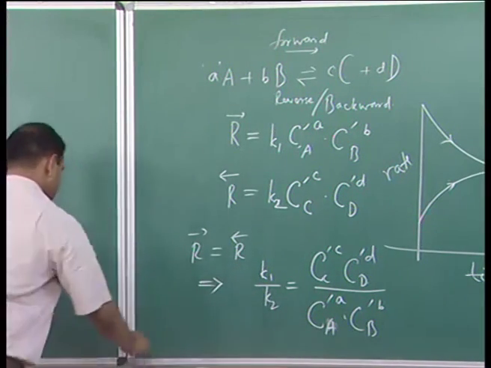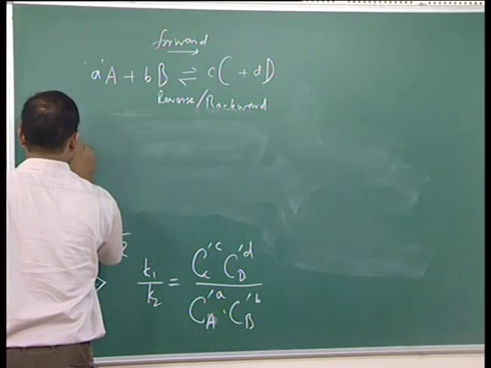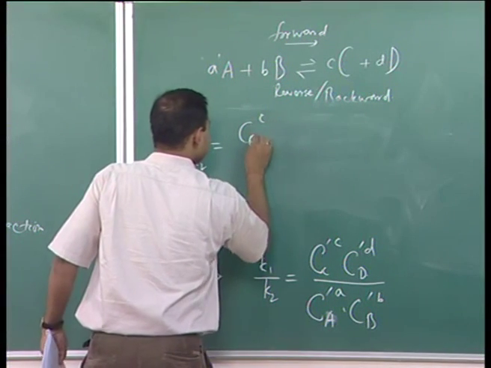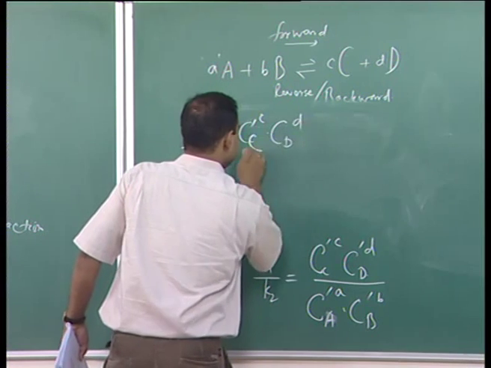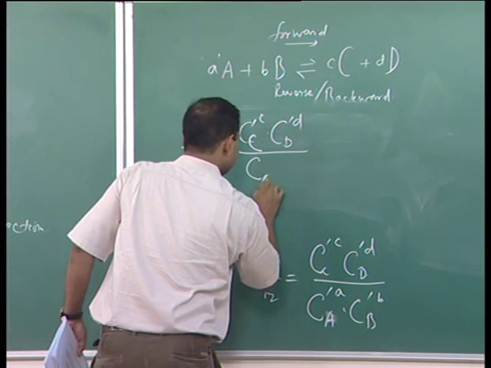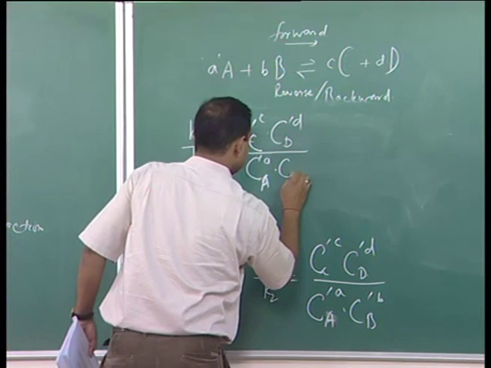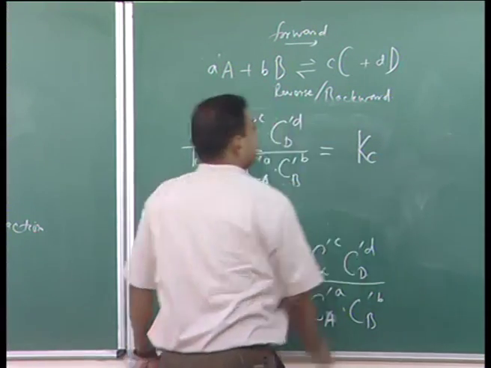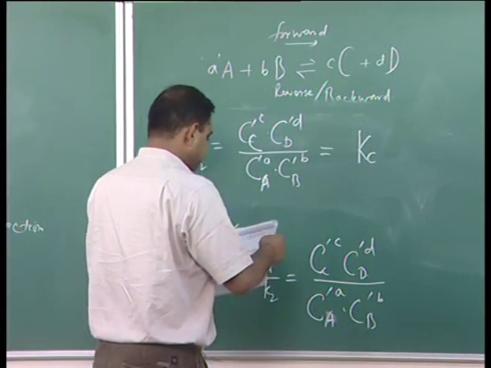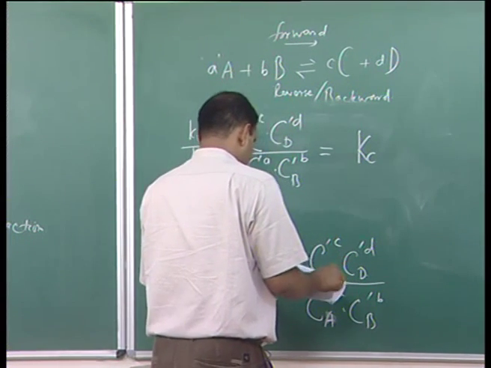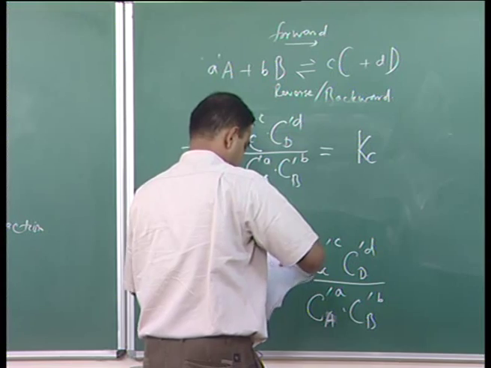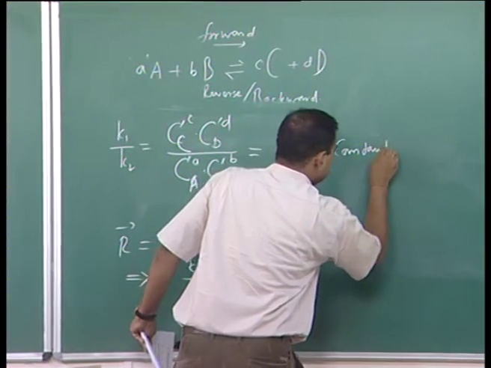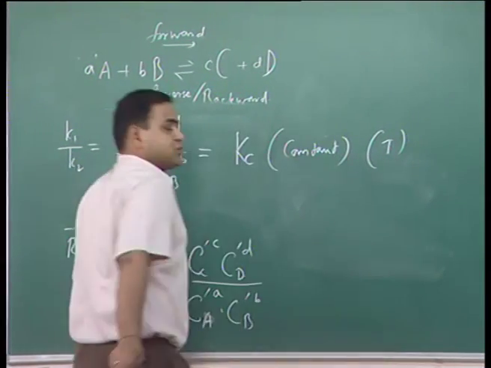Now this ratio K1 by K2 equal to C dash into C D is termed as Kc, which is nothing but a constant if T remains constant.